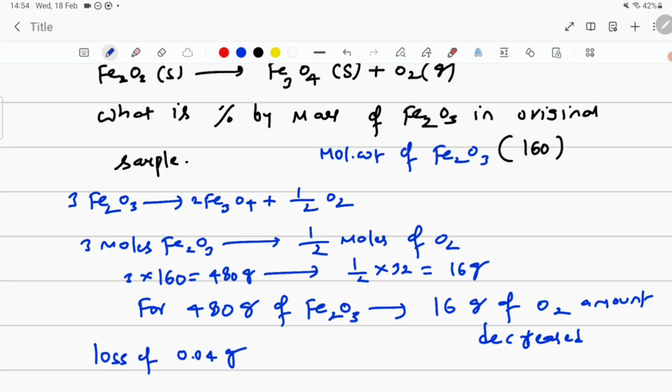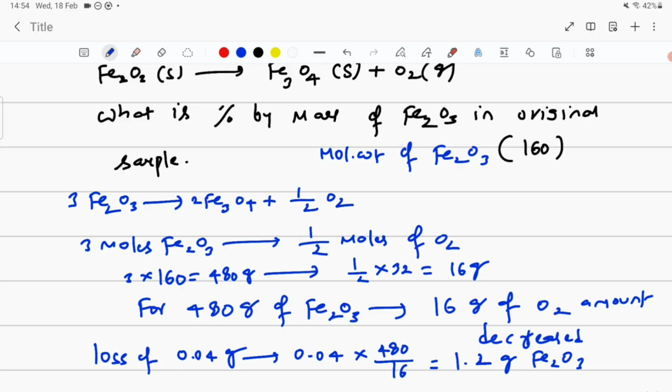Loss of 0.04 grams. If we consider 0.04 into 480 by 16, it will give 1.2 grams of Fe2O3.